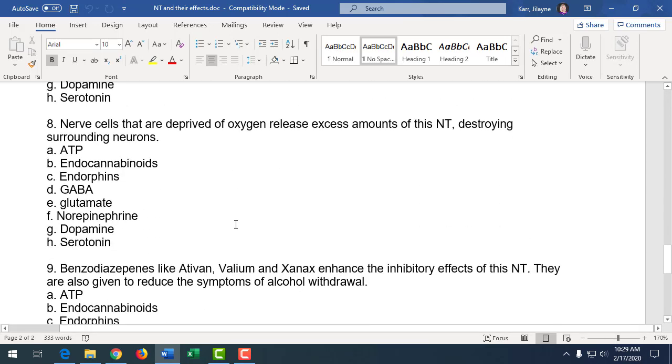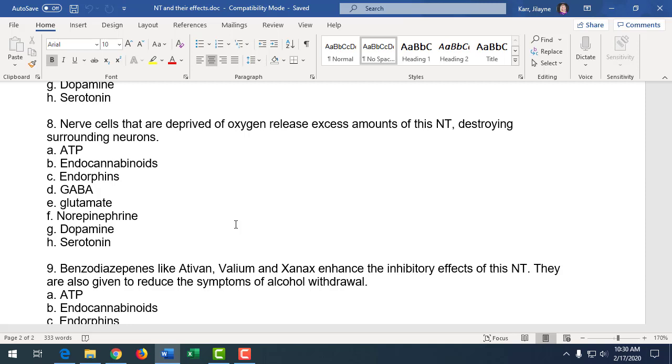Okay, moving on. Nerve cells that are deprived of oxygen release excess amounts of this, destroying surrounding neurons. So what would cause nerve cells in the brain to be deprived of oxygen? What's a number one reason? What would cause nerve cells to be deprived of oxygen? Okay, constricting.